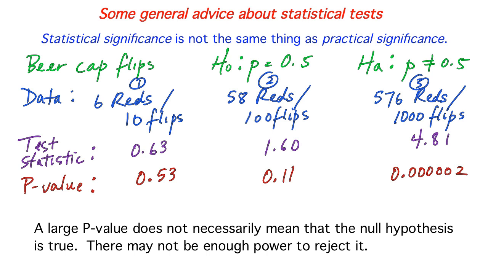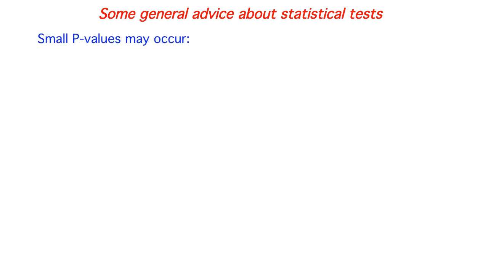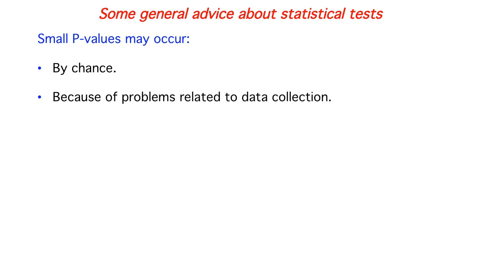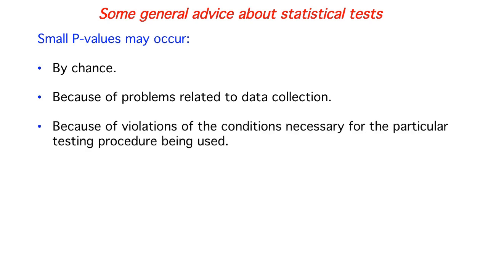In addition to possibly not being associated with a practically meaningful result, remember that small p-values can happen for a number of reasons. They can happen by chance. They can happen because there were problems related to the data collection. For example, there could have been lack of randomization. They can occur because there were violations of the assumptions underlying the particular test of significance we're using.